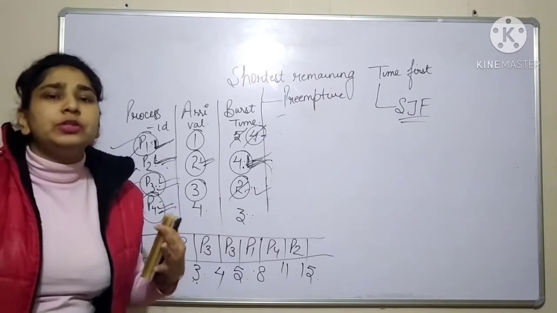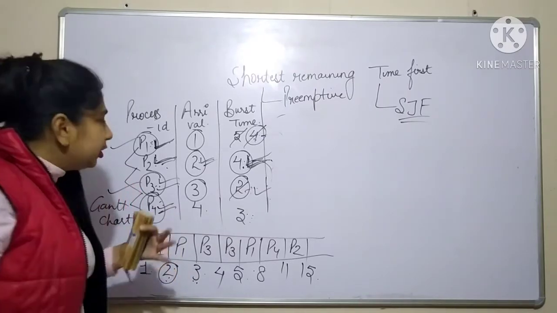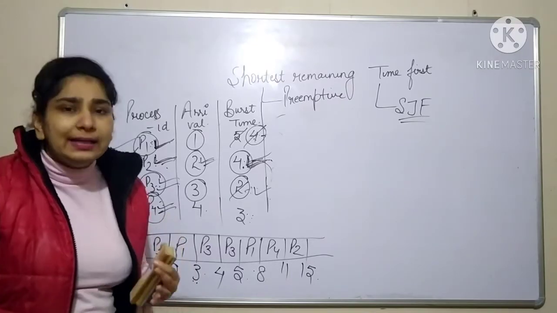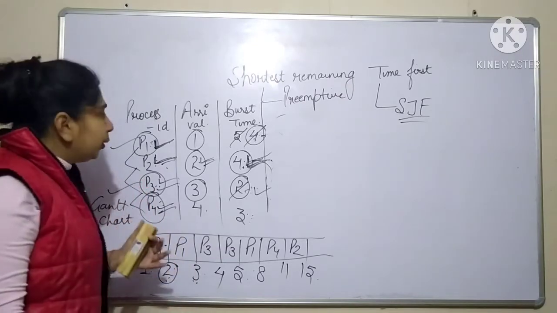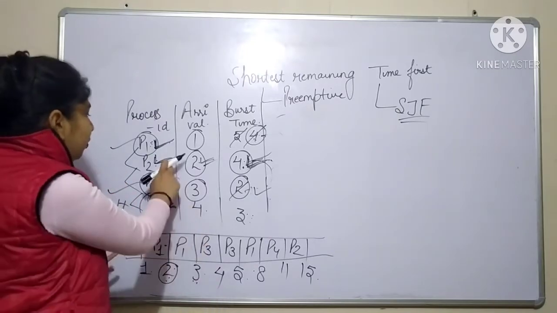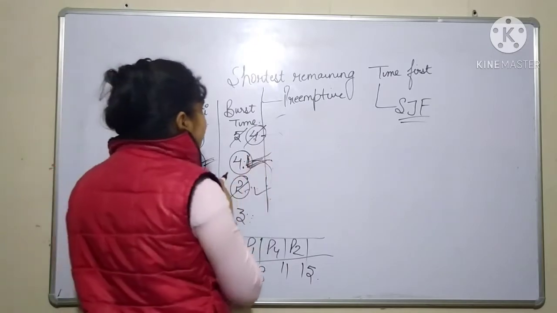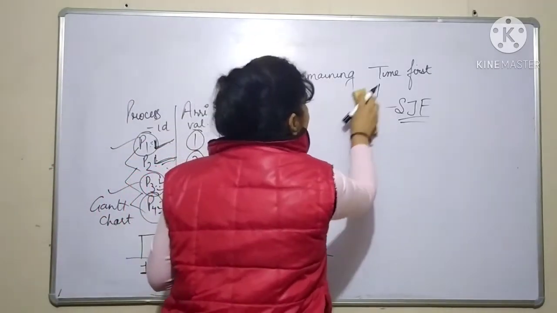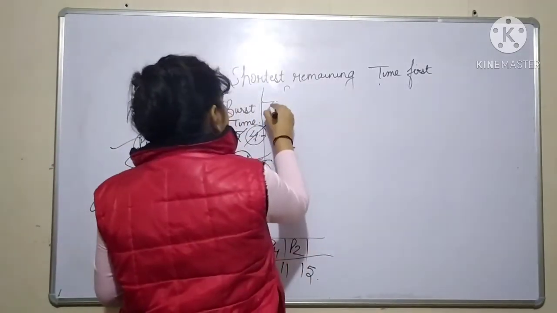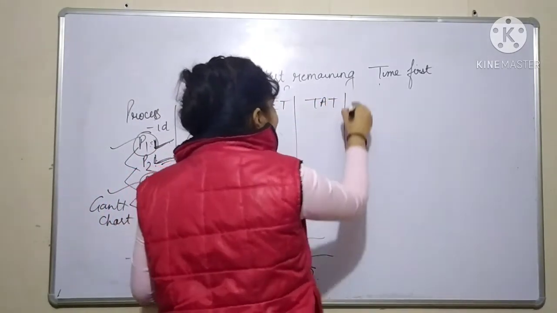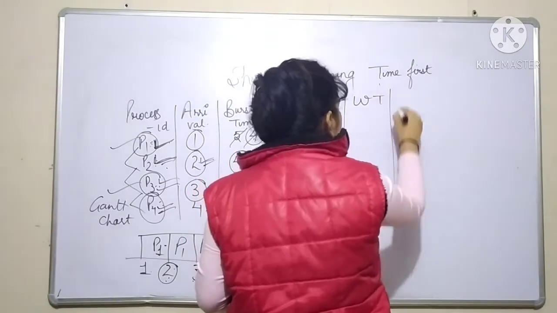You can pause your process, and at any point of time you can switch your CPU to another process. Now let's try to calculate the completion time, the turnaround time, the waiting time and the response time.